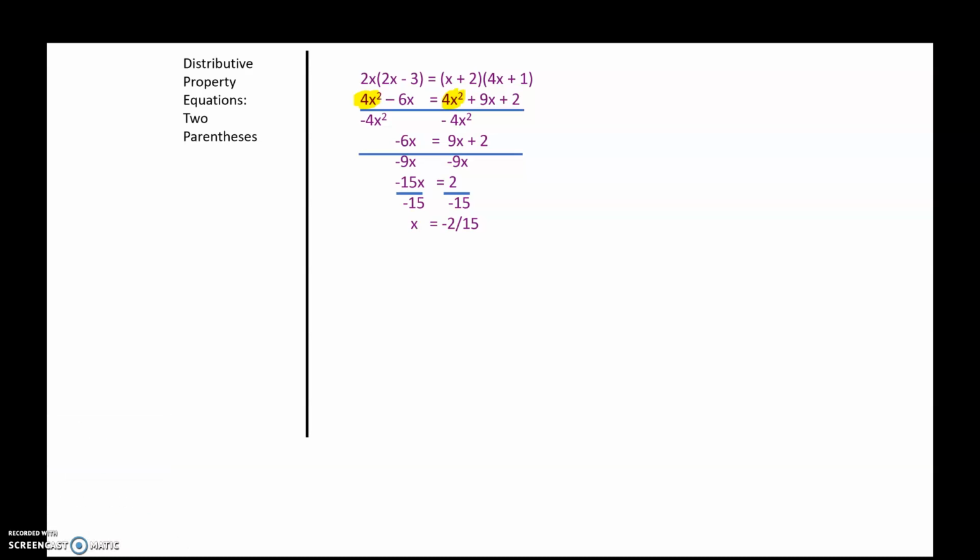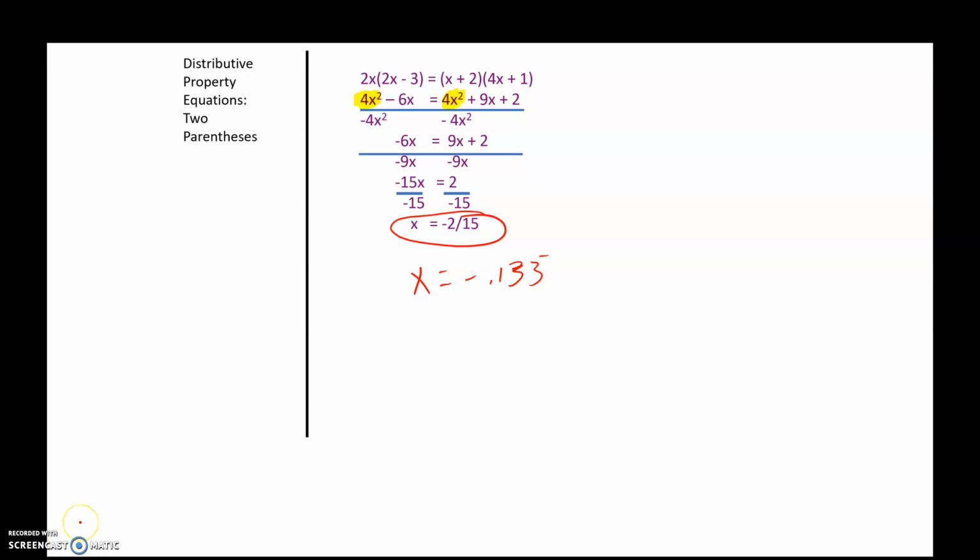Those x squareds cancel off, and then it just becomes a normal little equation. Subtract 9x on both sides, then divide by negative 15. And you get an ugly answer. It's negative 2 over 15. If you were to make it a decimal, it would be negative 0.133 repeating. We don't need to worry about that.